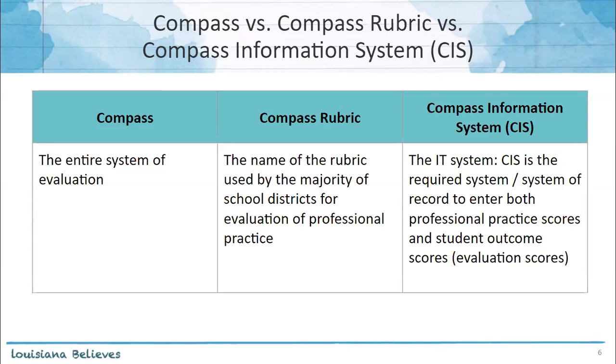Then we have the compass rubric, which is the name of the rubric used by the majority of school districts for evaluation of professional practice. Finally, we have the Compass information system, which is the IT system. So CIS is the required system of record to enter both professional practice scores and student outcome scores, even if you're using a rubric that is not the Compass rubric.